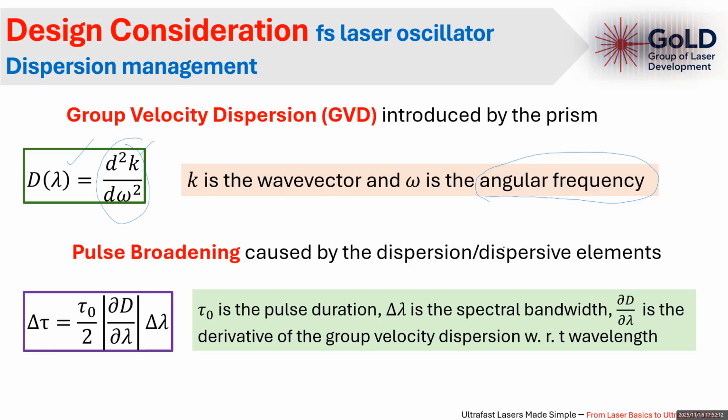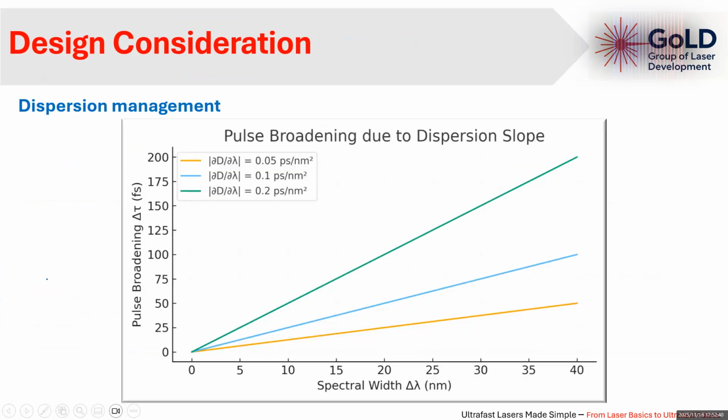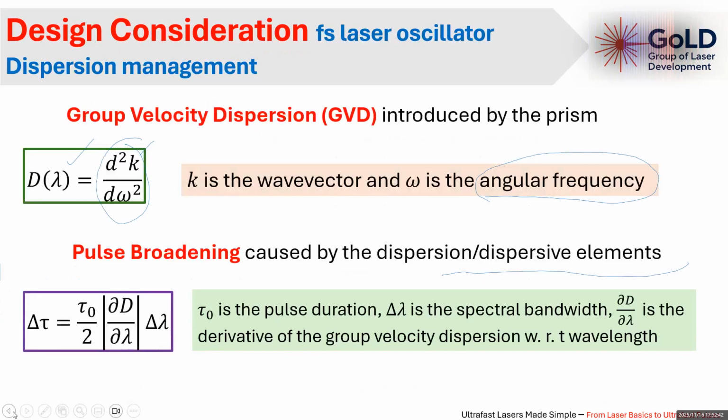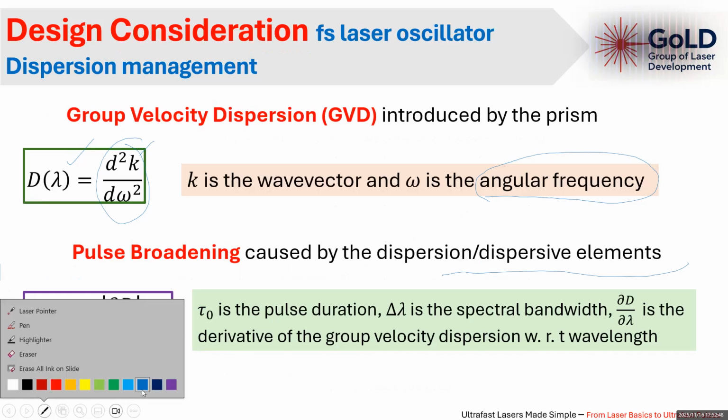Pulse broadening. Why is the pulse broadened? This pulse is broadened because of the dispersion, and this dispersion happens because of the dispersive elements. So what does this equation have here?